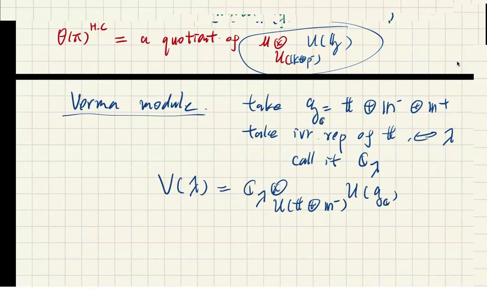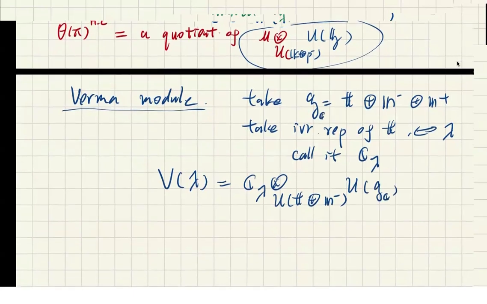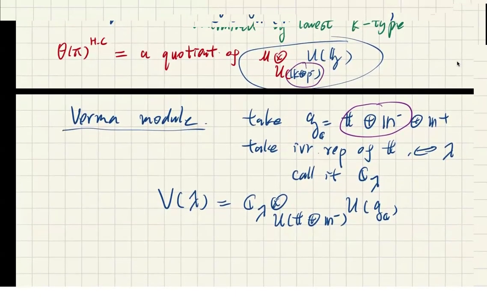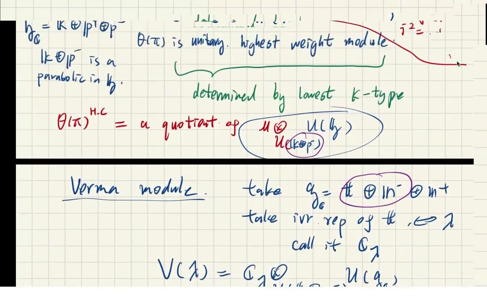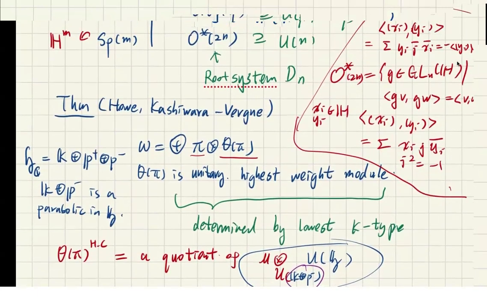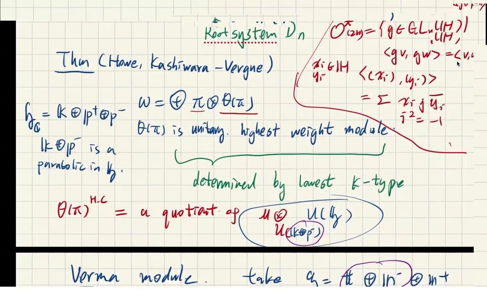Okay, so this is the Verma module construction. Basically it's like induced from the Borel. So this is a Borel. Here you induce from a parabolic. It's a little bit abstract, but later I will give more explanation.